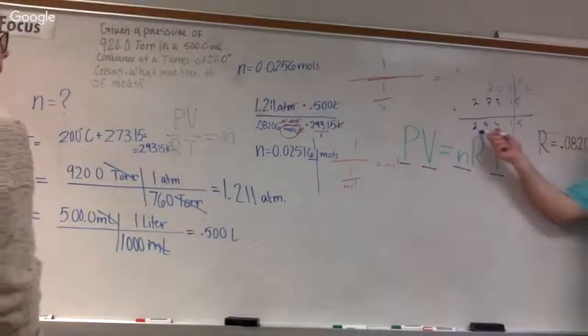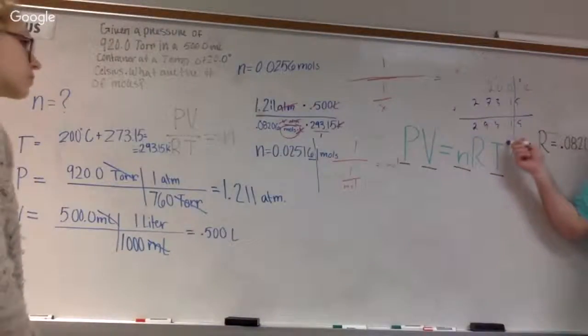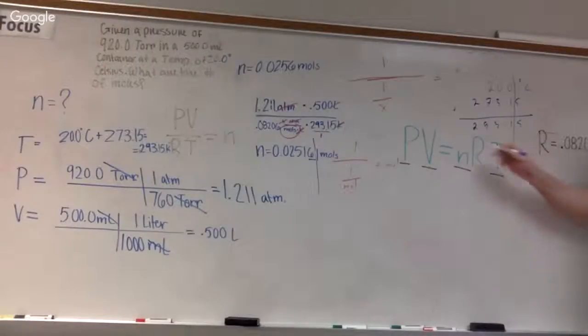So in reality, if we were cutting it off here, it would be 293.2, which would still be 4 significant figures. Now, we kept this whole number in here because the rule, and this is a weird rule, is that the best time to do your significant figure rounding is the very last step, which is what you did.